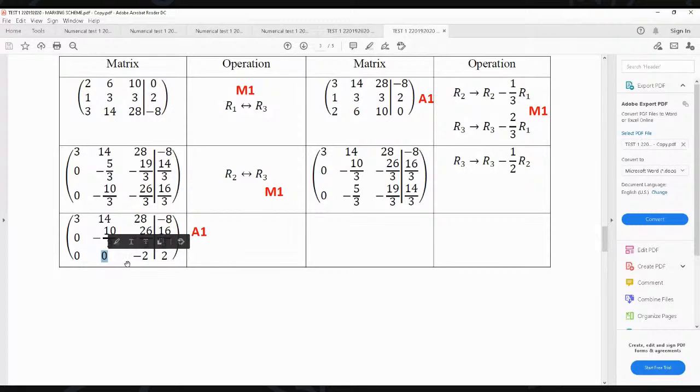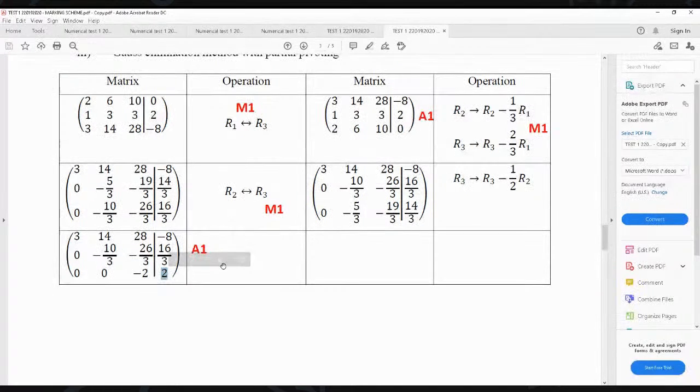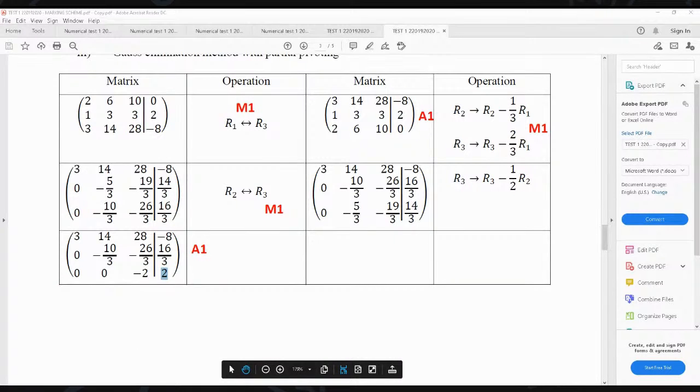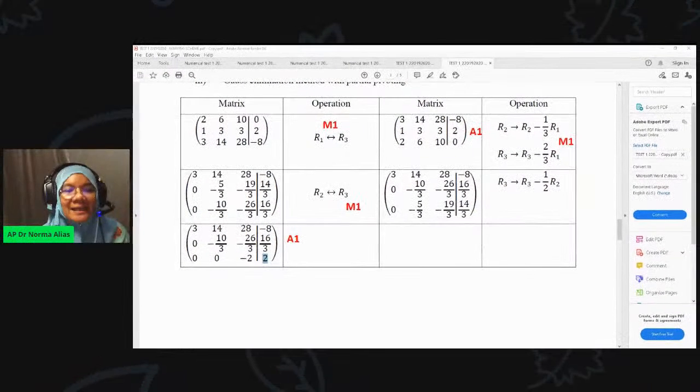The rest is negative 2 and 2. So this is the operation that you need to highlight. Please highlight this operation. Akmal asked whether we must build a table for Gauss elimination. No, it is not necessary. It is just to make sure how we give you marks: method and answer.